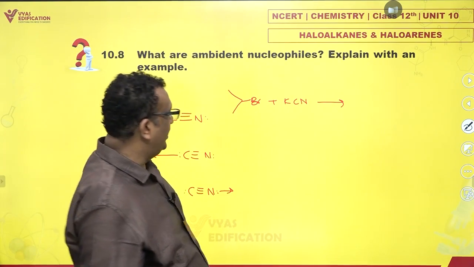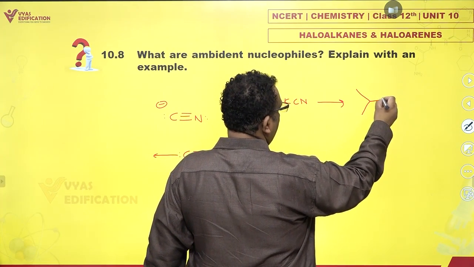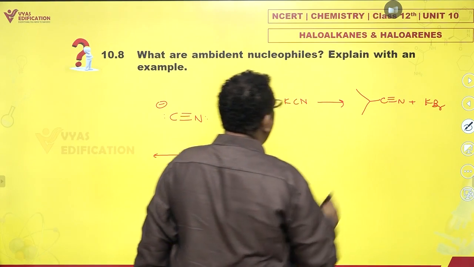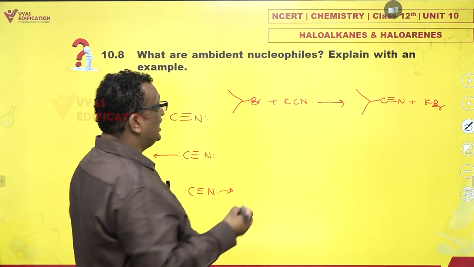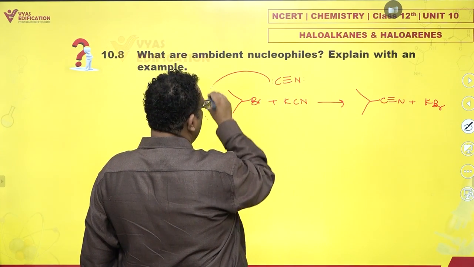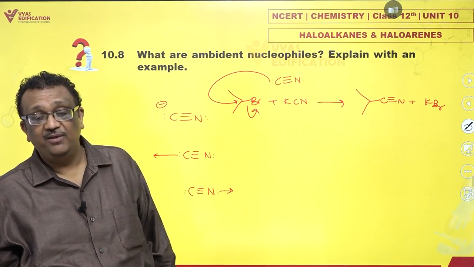The moment they are mixed, I get a cyanide like this and KBr. In this case, when cyanide is acting as a nucleophile, it attacks like this, it pushes out bromide, and this is the way it behaves.